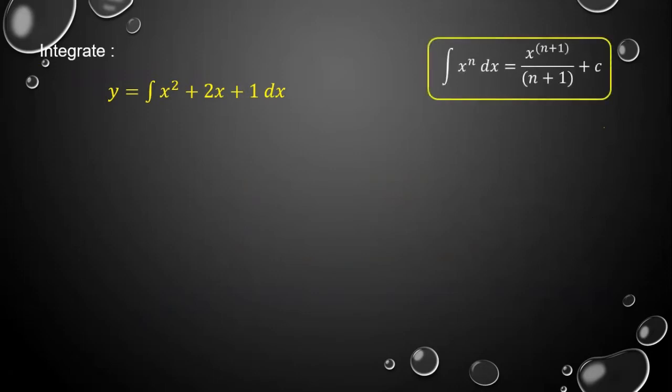Number 1, integrate y equals the integral of x squared plus 2x plus 1 dx. This is our concept, right? The integral of x to the power of n dx is x to the power of n raised by 1, over the power raised by 1, plus c.